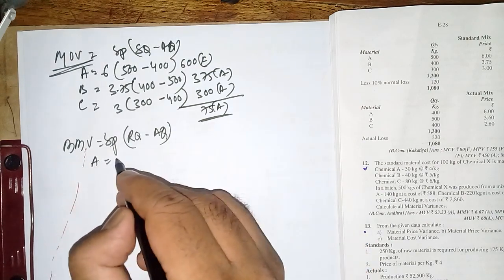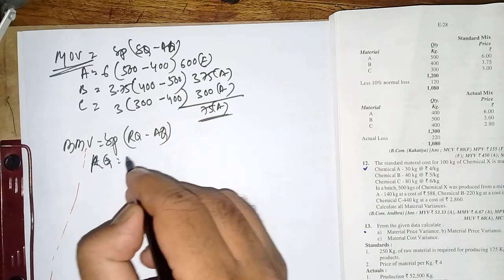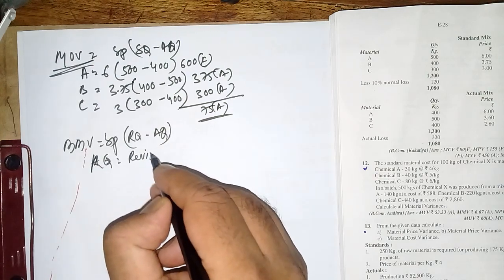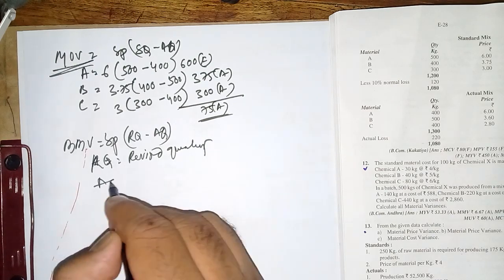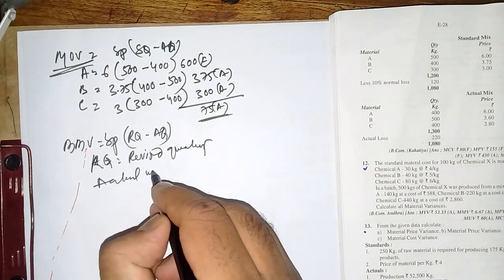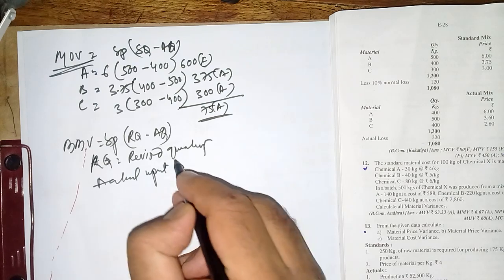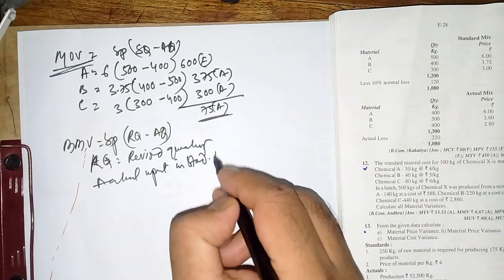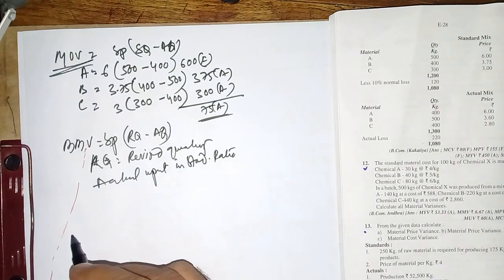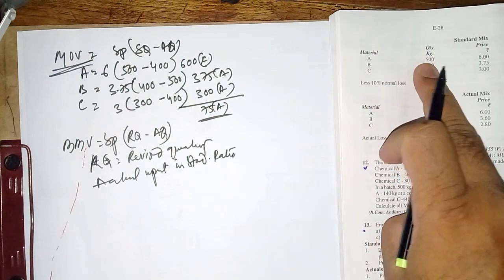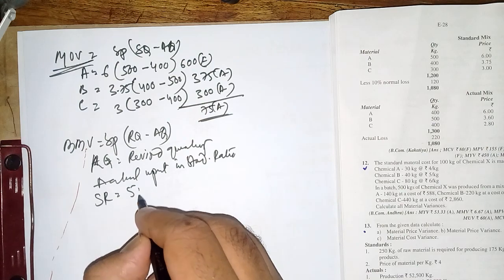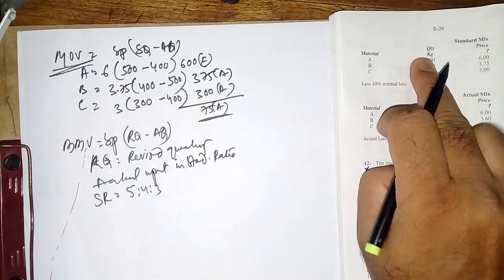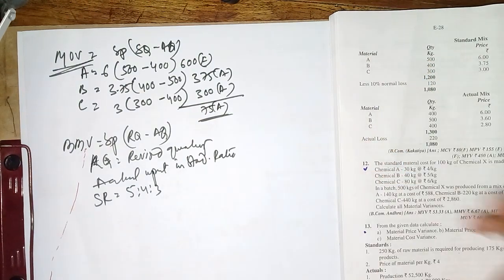So RQ is equal to revised quantity, that is actual input in standard ratio. So what is our standard ratio? Standard ratio is equal to 5:4:3. This is the ratio, 5:4:3.